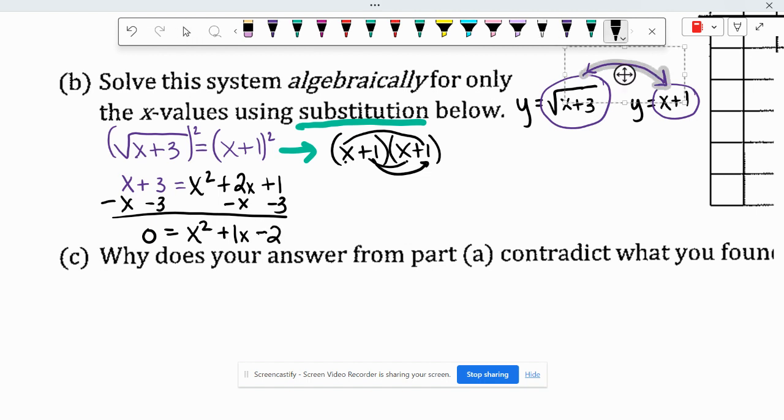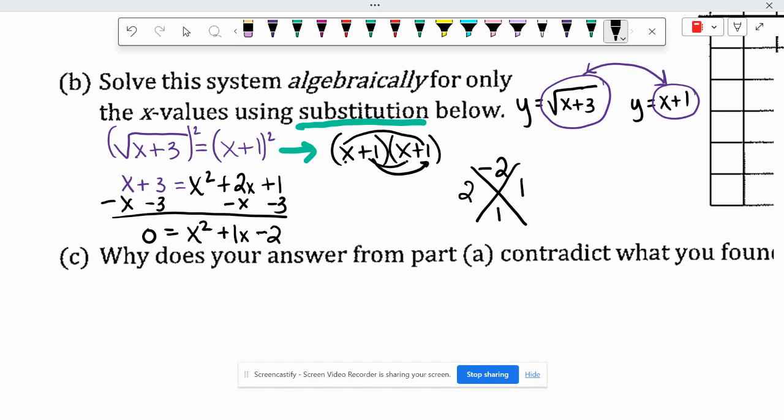I'm going to factor this using the AC method. A times C, negative 2, adds up to a positive 1. What two numbers can I multiply together that give me a negative 2, that when I add them, I get a positive 1? Well, the only two numbers that you can multiply together to get 2 is 2 times 1.